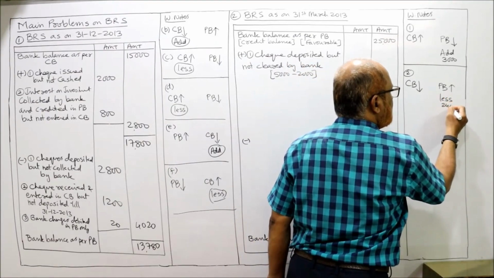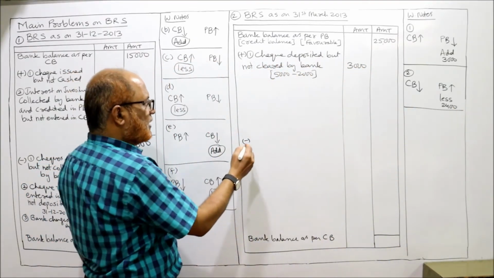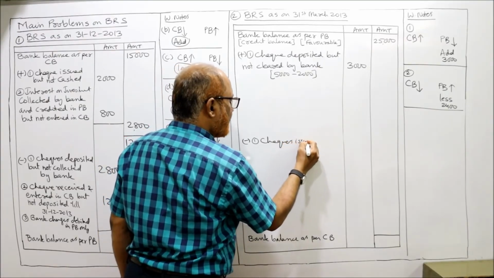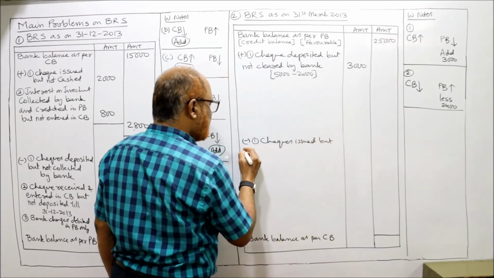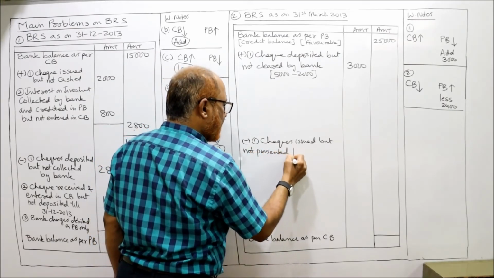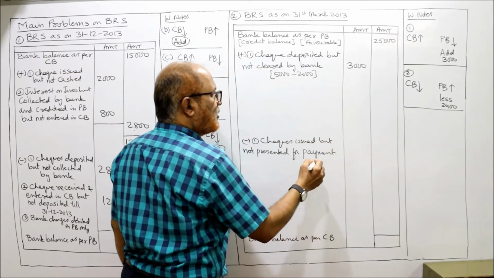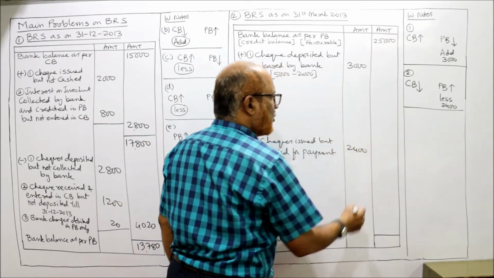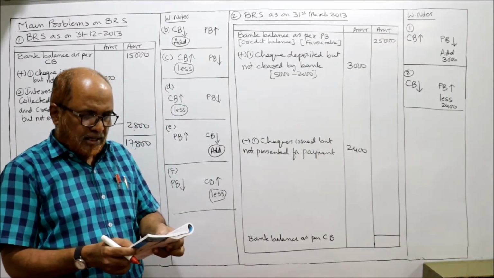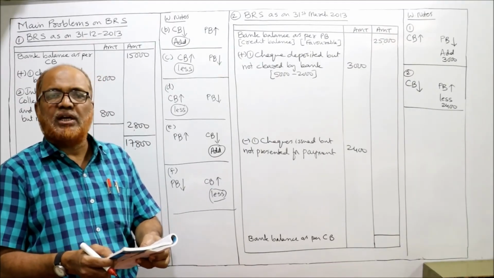How much? 2,400. Less 2,400. So deduction: checks issued but not presented for payment, 2,400. That's all.